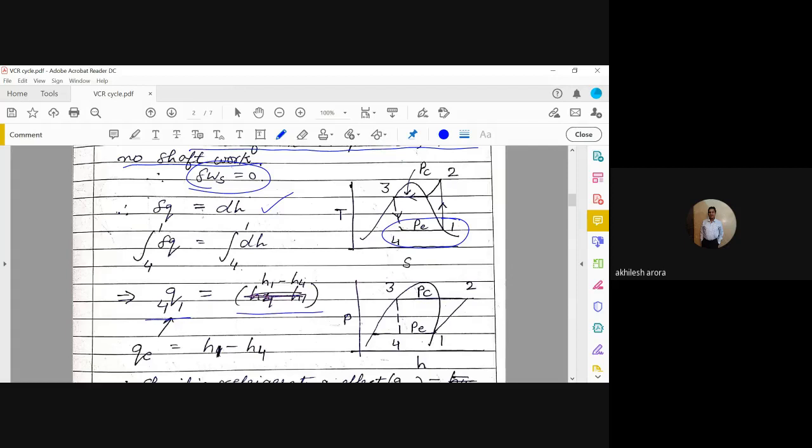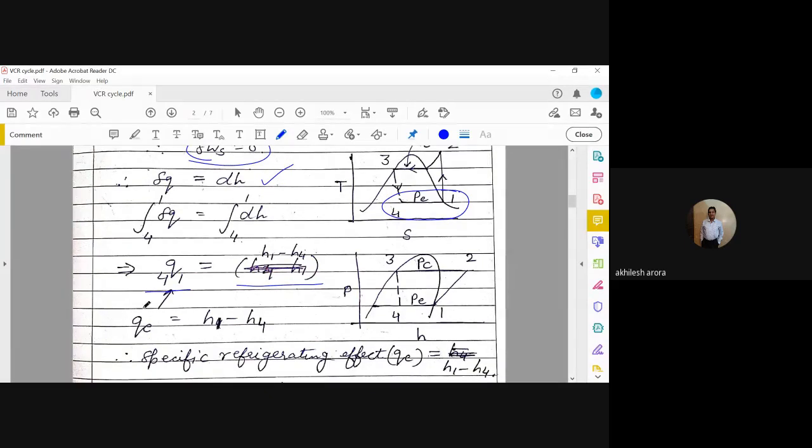So this is the cooling effect which I am getting in the evaporator. I am writing it as QE rather than Q4 to 1. So QE is equal to the specific refrigerating effect, also known as the specific cooling effect. Both the names pertain to this only, specific refrigerating effect as well as specific cooling effect, and the value is equal to H1 minus H4.